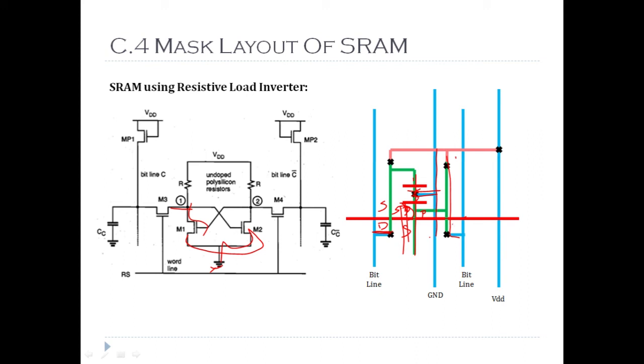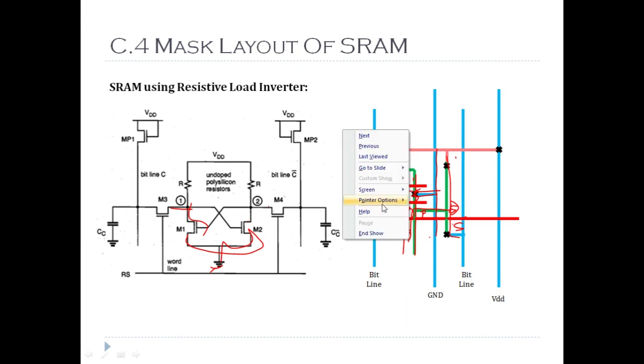While fabricating M4, the drain of M2 is connected to the source of M4. So this is the source of M4, and this is the drain of M4. The drain of M4, you can see, is connected to M2 through this. So that's about the connection of transistors.